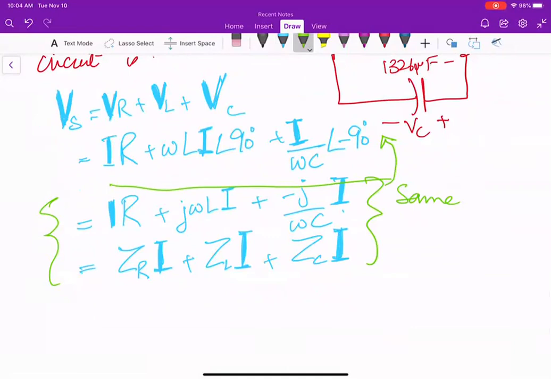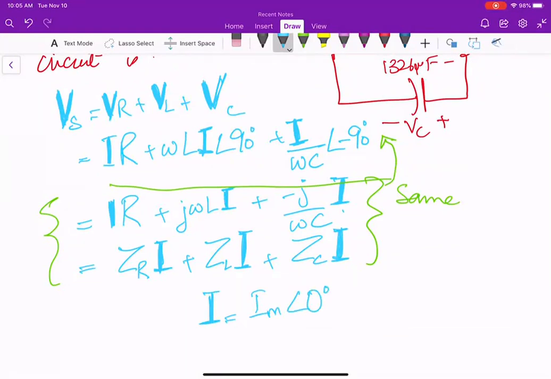And now, as we don't know the angle of the current, let's say our I bold is Im with 0 degrees, okay? Then we will define all the other things with respect to that.